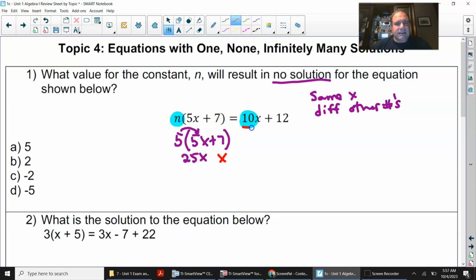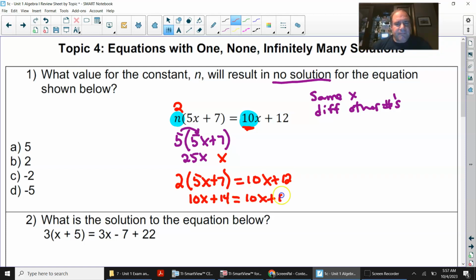I need a 10x. 2 times 5. So I'm going to replace this with 2. So if I have 2 in there, and I do the distributive property, I get 10x plus 14 equals 10x plus 12.